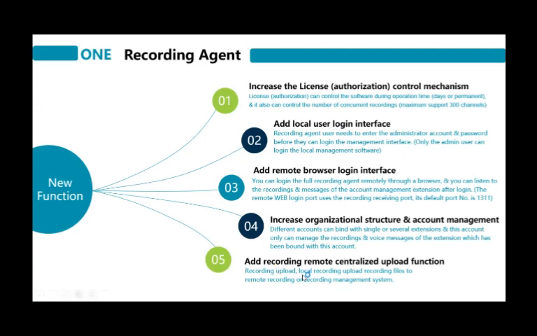The fifth new function for our recording agent is you can add a remote recording centralized upload function. Meaning you can upload locally and upload that file to the remote recording server or to our RMS recording management system.